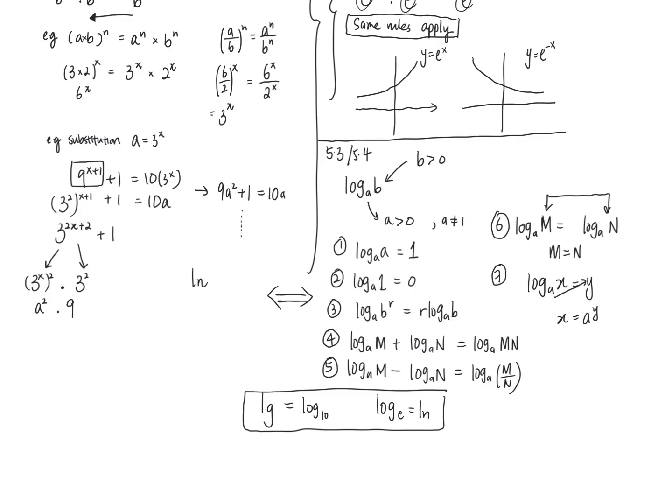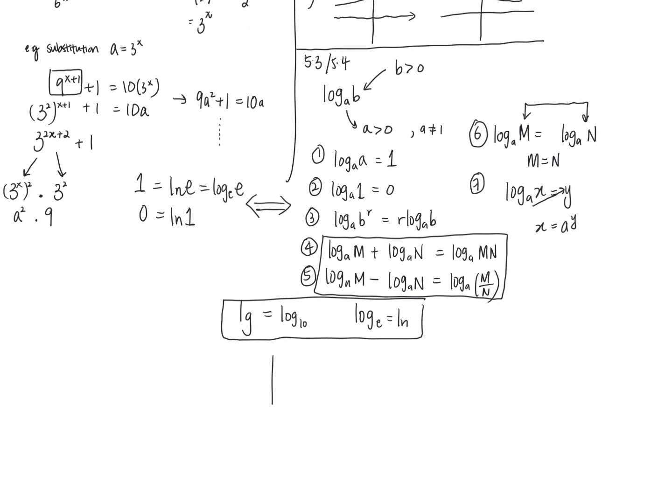So ln being log base e, so ln e is also 1. So this one I just take note. ln 1 is also 0. Okay, all these rules about what is here apply to ln as well. So 5.3, 5.4 talks about that. 5.5 is the application.